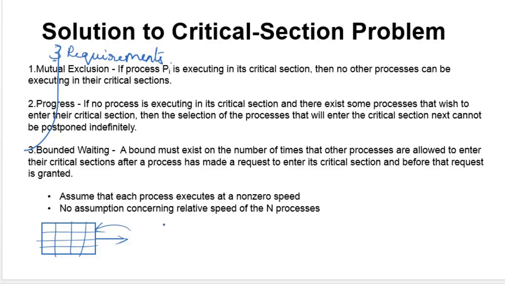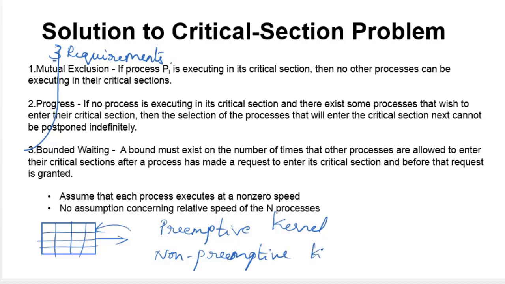The first approach is the preemptive kernel, and the second kind is the non-preemptive kernel. A preemptive kernel allows a process to be preempted while it is running in kernel mode, and a non-preemptive kernel does not allow a process running in kernel mode to be preempted until it exits kernel mode or voluntarily gives back control of the CPU.